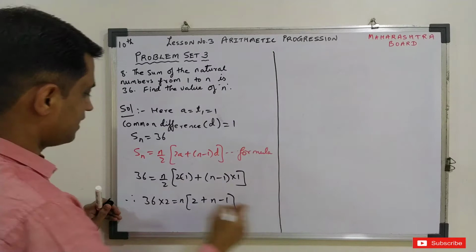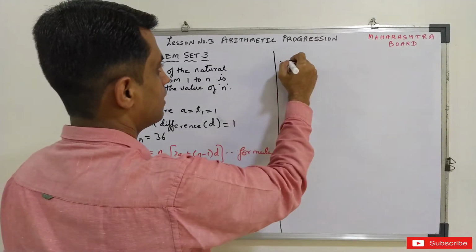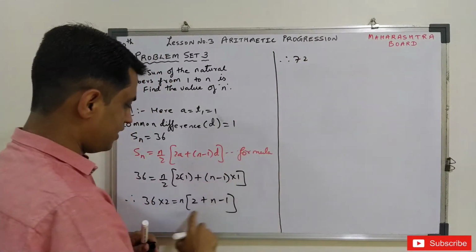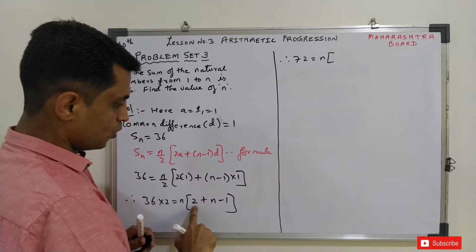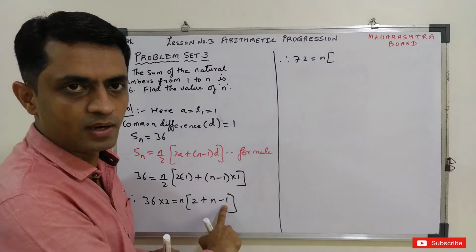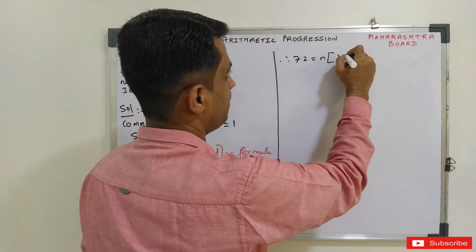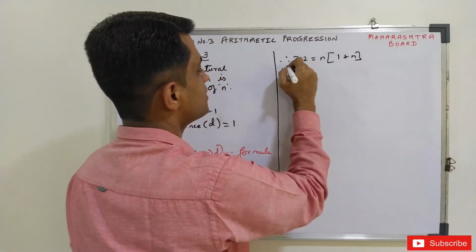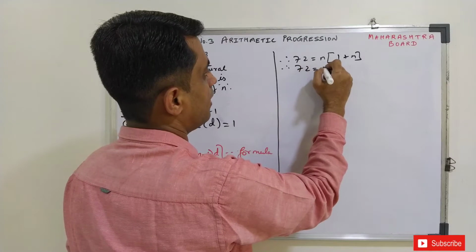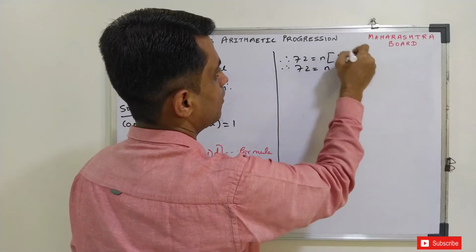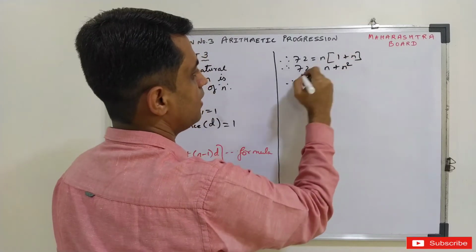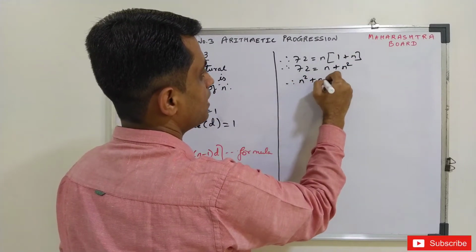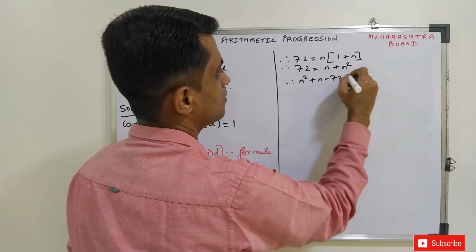Now after this, 36 twos are 72. Now here is equal to n, 2 minus 1, what will be 2 minus 1? 1. So it will give you 1 plus n. If you see here we are going to solve like a quadratic equation, 1 into n, n square. So what we got, take the 72 here: n square plus n minus 72 is equal to 0.